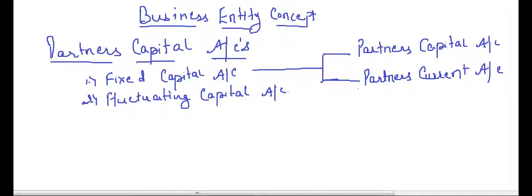Okay, under the fluctuating capital, the capital that the partners have introduced can change. So here we have only one type of account, that is the partners capital account. Okay, clear?